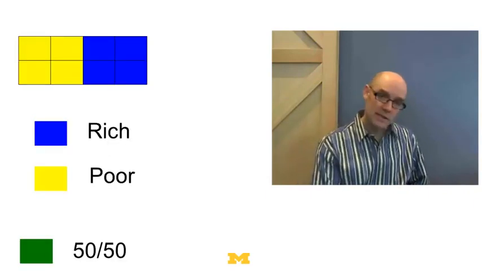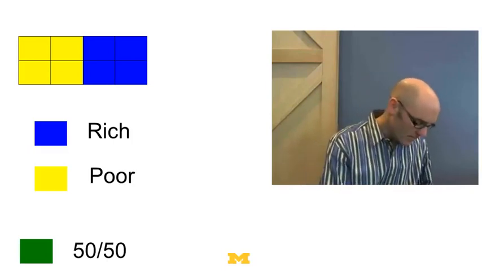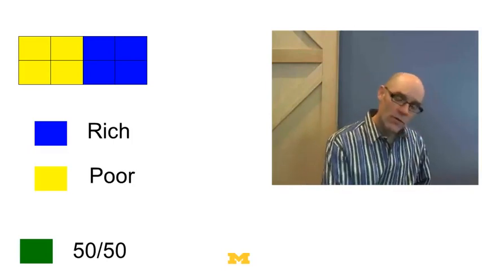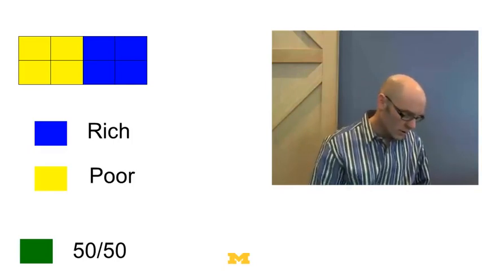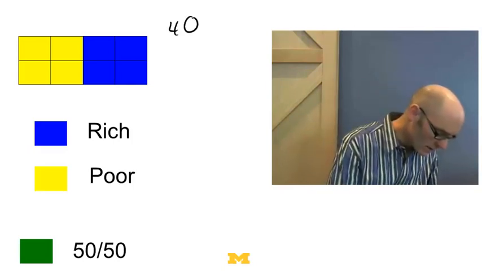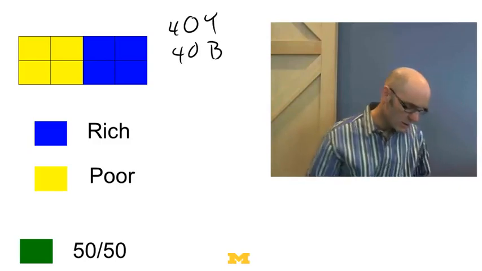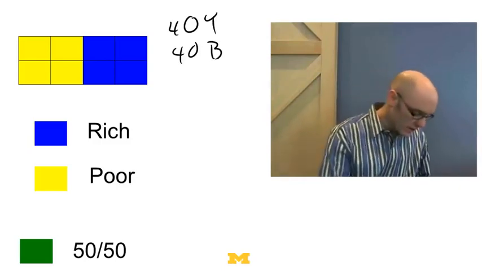But let's go back and look at this other case. Now I've got 4 that are all yellow and 4 that are all blue. Once again, I've got 40 yellow and 40 blue. But now I've got to think, for each one of these yellow districts, what do I have?